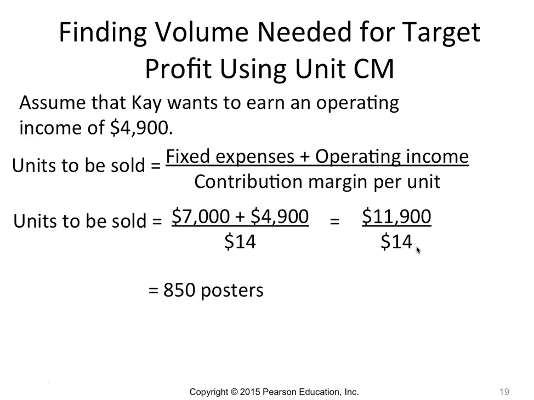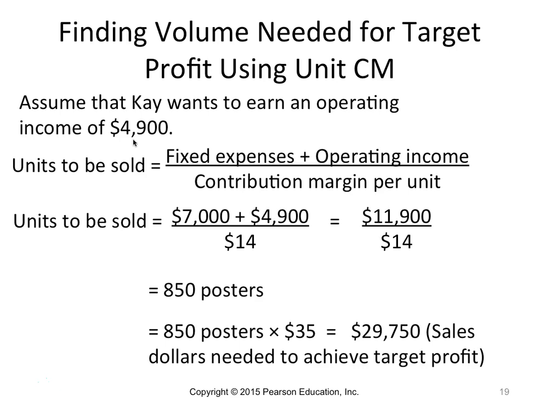So K needs to sell 850 posters for a month so that she can make $4,900. So total sales will be 850 times 35, that equals $29,750 total sales to achieve target profit.